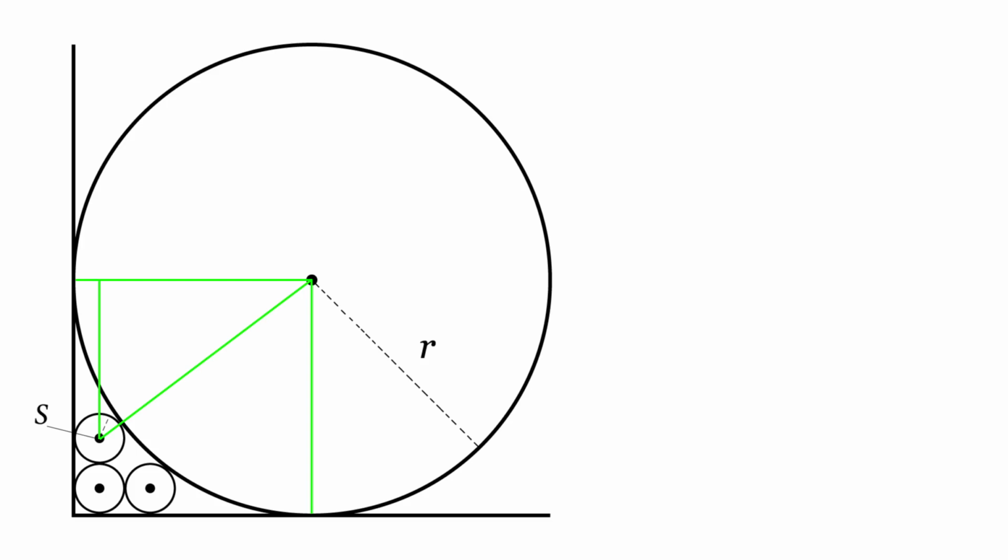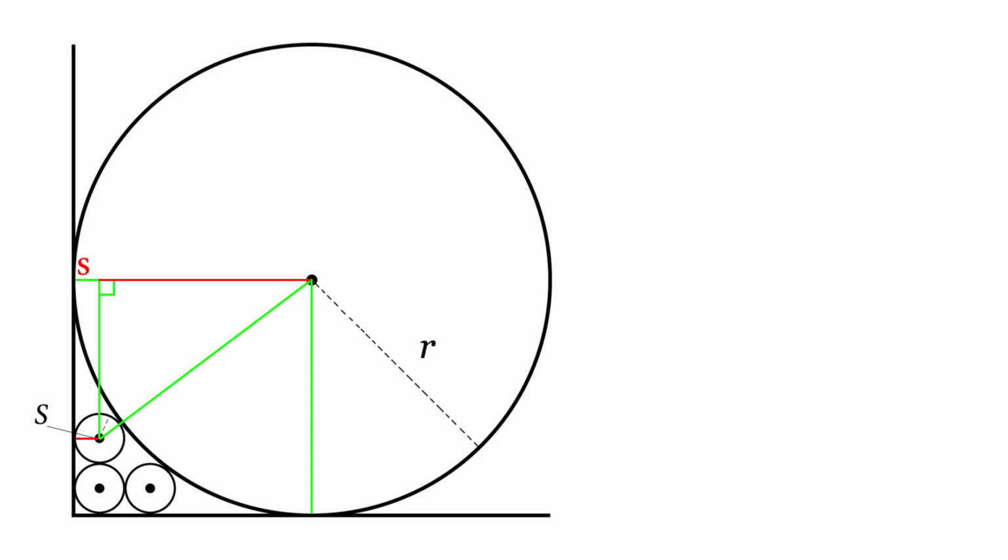So this is of course a right angle. So draw that in there. And then if I were to label this, from here to here is S, right? Because it's the same as here to here. It's just the radius of that small circle. And then from here to there, that entire way is the radius.